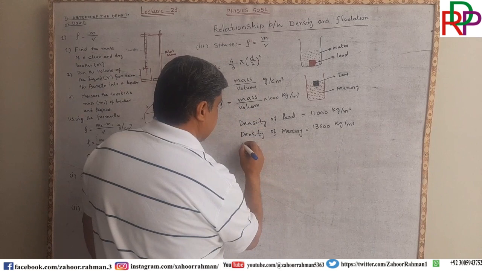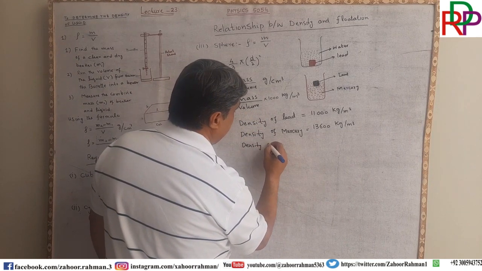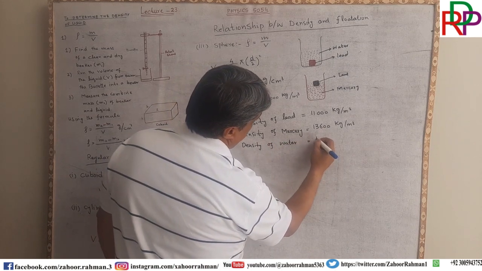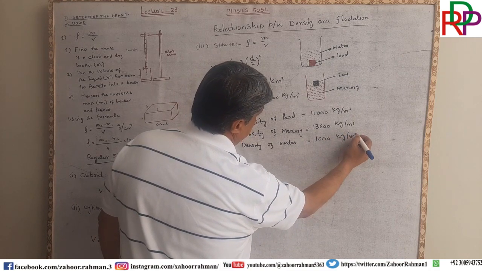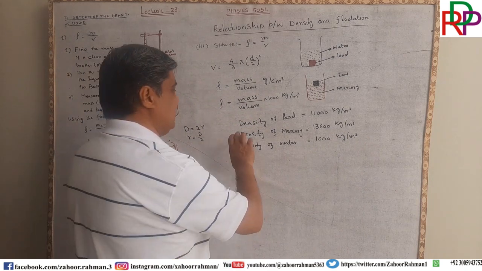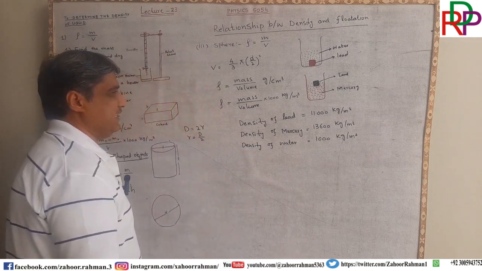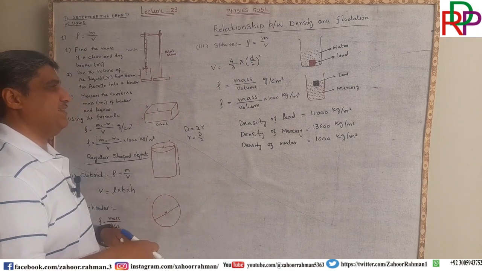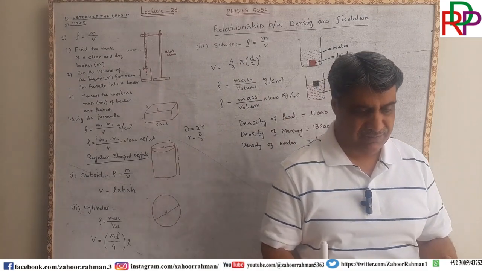I am writing one thing, then explaining it. The density of water is equal to 1000 kilogram per meter cube. Now, keeping in view this data, we will determine why lead is floating on the surface of mercury and sinking in the water.